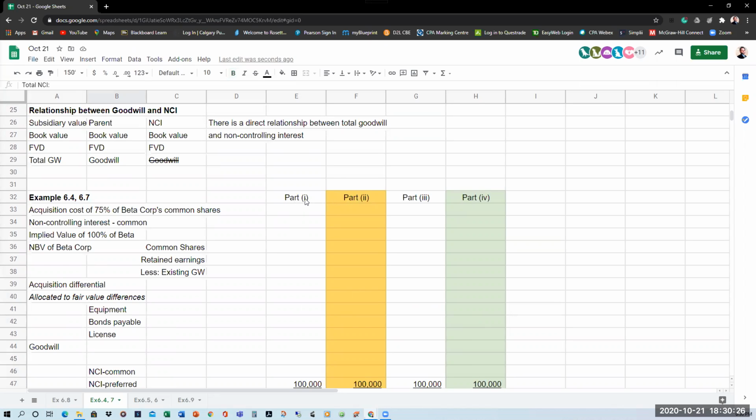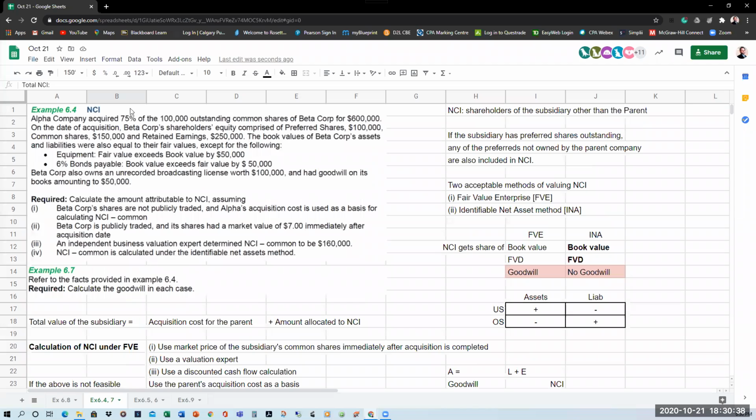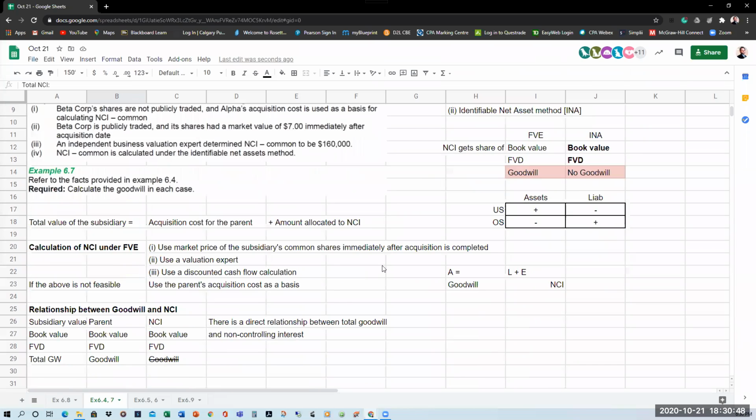In part 1, we're told that we must use the acquisition cost for the parent company as a basis for calculating NCI common. Now, if you take a look here, Alpha bought 75% of shares of Beta and paid $600,000 for it.